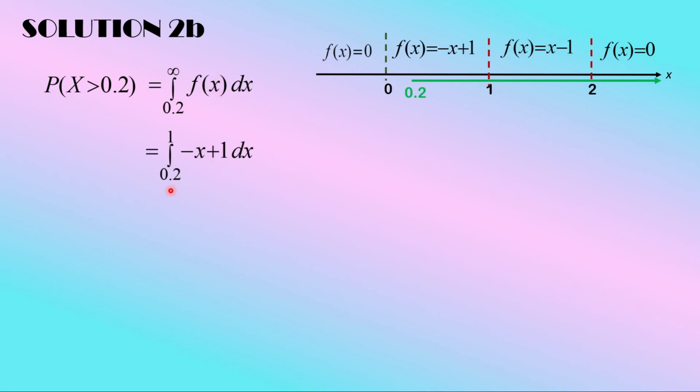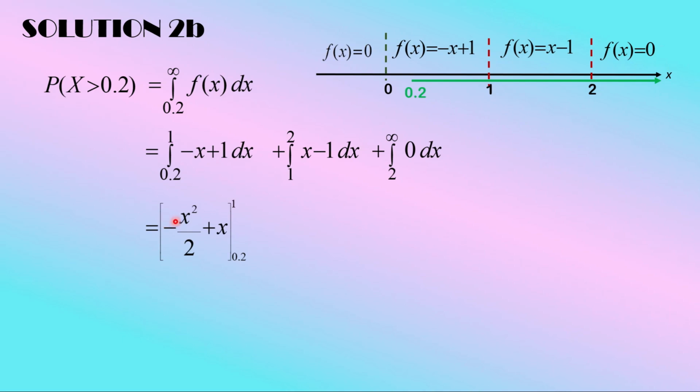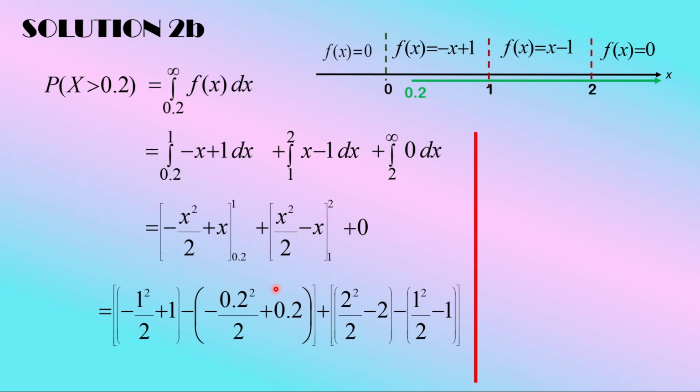First, integrate from 0.2 to 1 the function negative x plus 1, plus from interval 1 to 2 the function x minus 1, then in interval 2 to infinity the function 0. So this is the result after integrating. Then substitute and simplify to get 41 over 50.